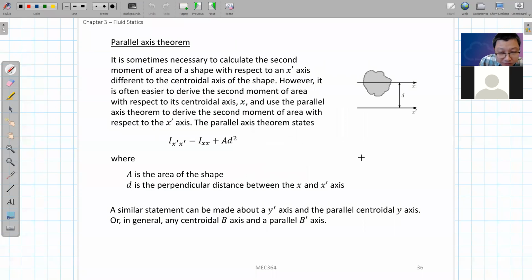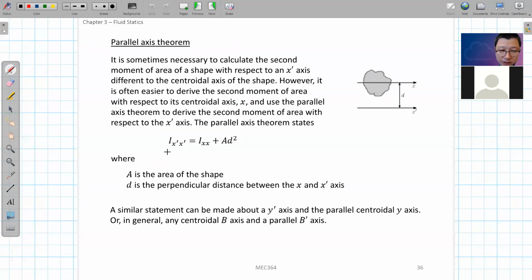So there is a theorem for that, which is called the parallel axis theorem. What does this mean? Assume that we have a surface, this area A here, and assume that x is the axis across the centroid, and there is another axis x prime which is not across the centroid.